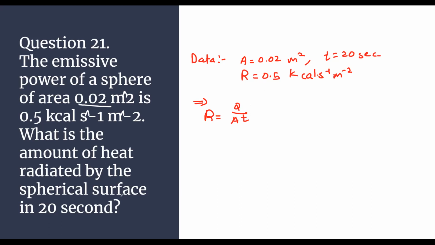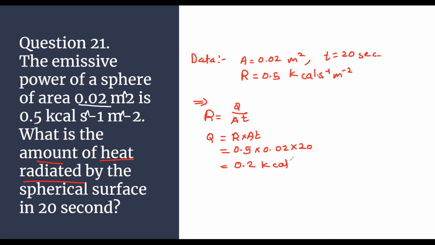Now here our task is to find the amount of heat radiated. It means again we need to find the value of Q. So I can write Q is equal to R into A into T. Let's put all the given values. So 0.5 into 0.02 into 20. This is simple multiplication which will give us the result 0.2 kilocalorie.